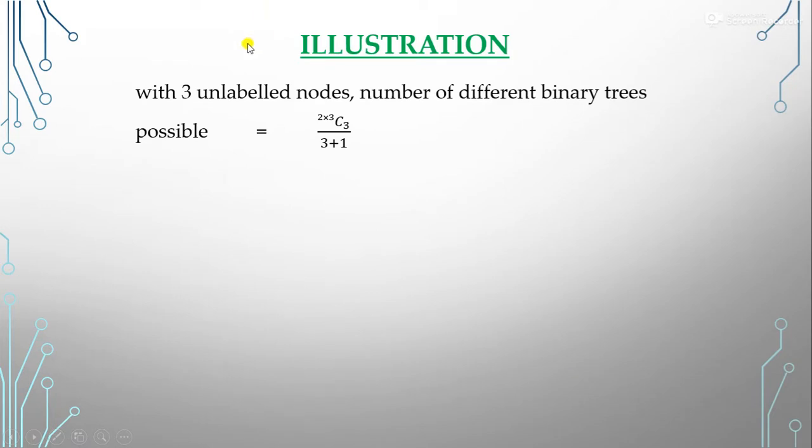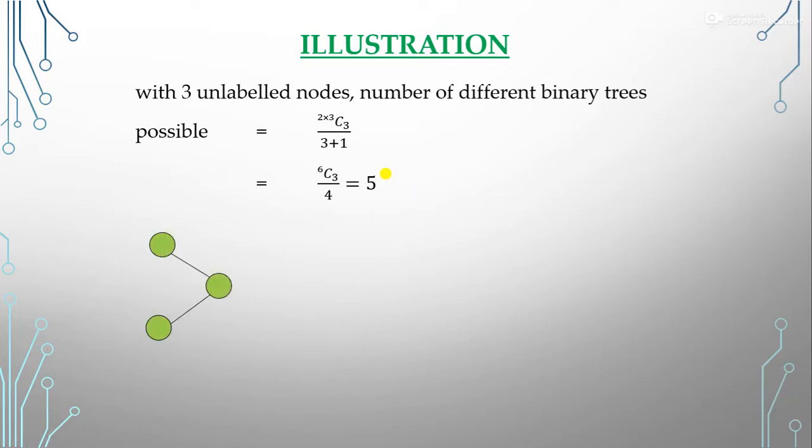If we have three unlabeled nodes, how many binary trees are possible? That is 2n Cn upon n plus 1, with n as 3: 6C3 upon 4. When you calculate it, you will get 5. It means that a tree with three unlabeled nodes has a total of 5 binary trees.